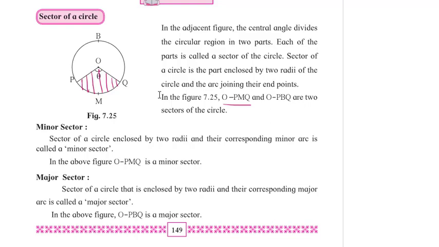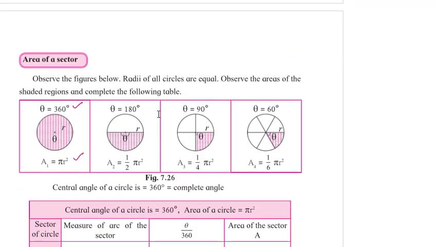As I increase this theta, the area will keep on increasing, and when theta becomes 360, I have the complete circle. When theta is 360, the area is pi r square. When theta is 180 degrees, the area will be half of pi r square. When the angle is 90 degrees, the area is 1 upon 4 pi r square, and so on.